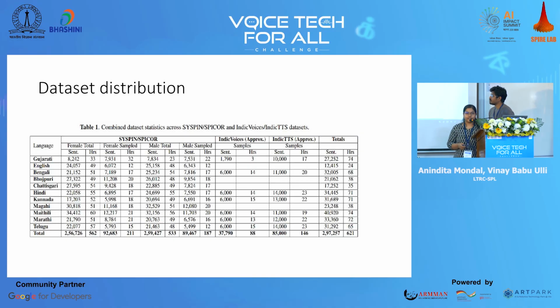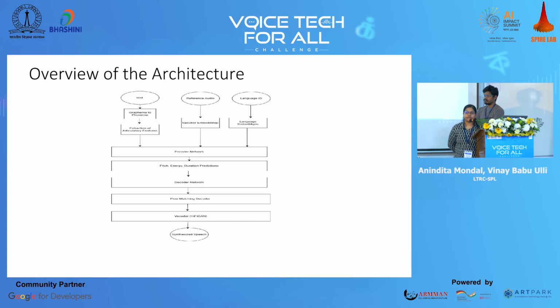The overview of the architecture. So we have a reference audio, a language ID, and the text. The text is converted to phonemes, and then from the phonemes, we extract articulatory features of 64 dimensions. And from the reference audio, we extract the speaker embeddings. And from the language embeddings, we concatenate all three of them and pass it through the encoder network.